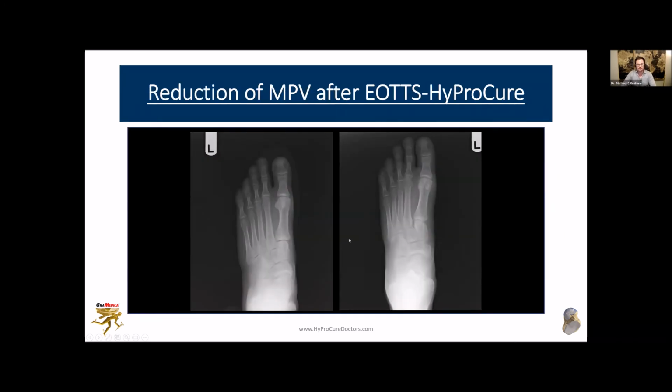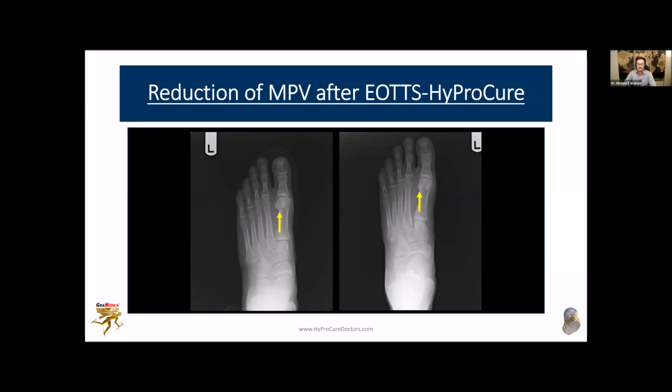But we have other situations like this patient who we have the before and after. HyProCure has been placed into the sinus tarsi. We see a significant reduction in the medial dislocation of the talus. And what was the effect on the first ray? Well, we brought this patient back from a mild bunion, mild metatarsus primus varus, to none.